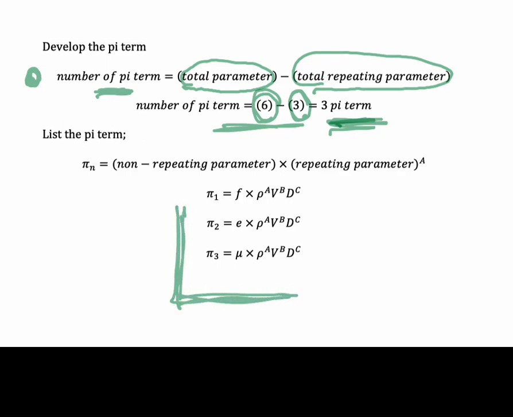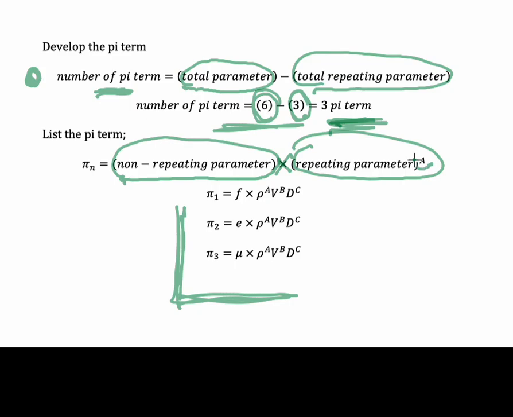How do we develop this one? The basic idea is you just use the non-repeating parameter and multiply it with the repeating parameters, each with a certain power. It will become like this.